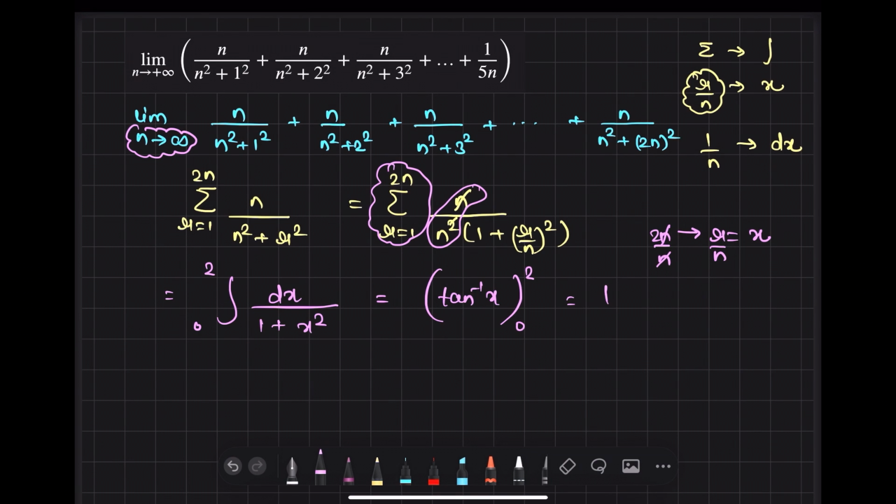So it is tan inverse 2 minus tan inverse 0. Tan inverse 0 is nothing but 0. Therefore, the required value for this question is tan inverse 2. I hope the idea is clear and you guys can handle similar situations.